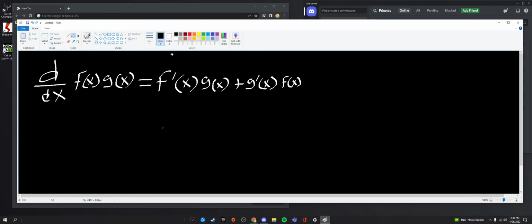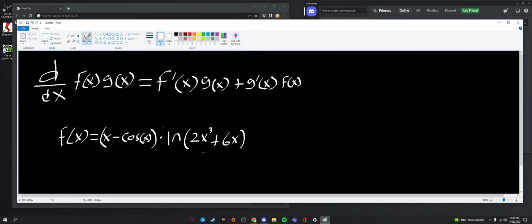Let's say that our function f of x is equal to x minus cosine of x multiplied by ln of 2x cubed plus 6x.